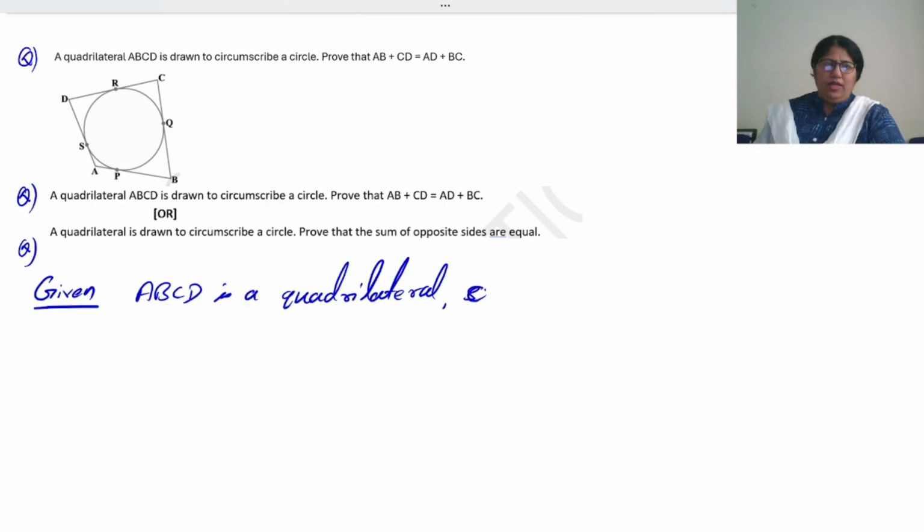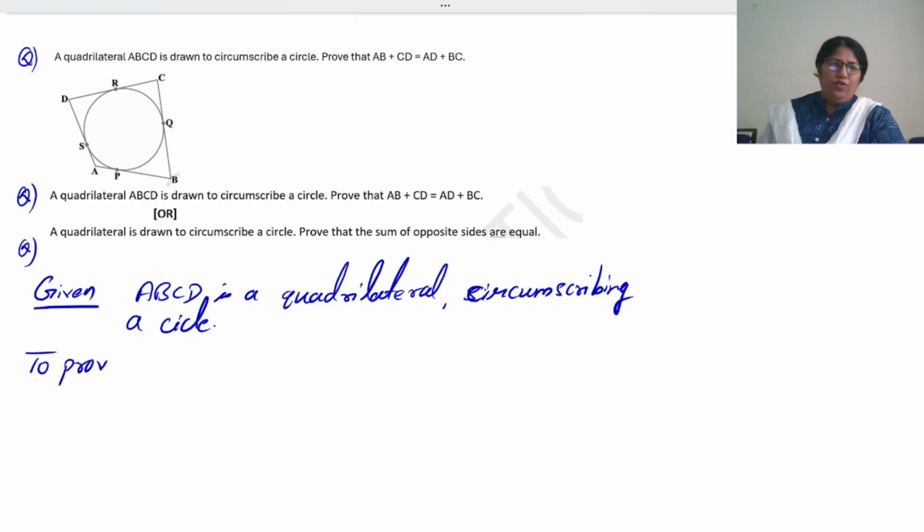Now what do I need to prove here? AB plus CD is equal to AD plus BC.